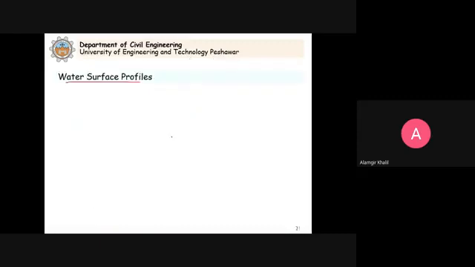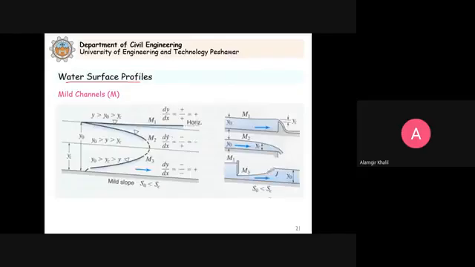Now, these are the examples given for the 5 slopes or channels that we discuss. For a mild channel, this is your zone 1 or type 1 or region 1. This is your type 2 or region 2. This is your type 3 or region 3 or zone 3. So you see that the depth is possible in 3 zones over the mild channel.